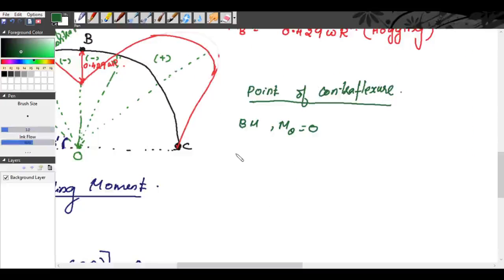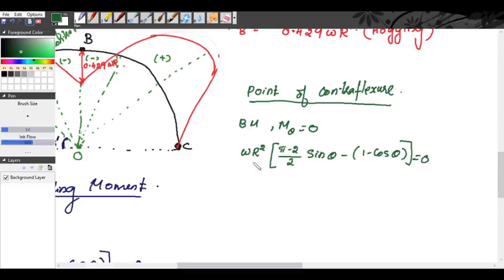So we get W r square into (pi minus 2)/2 sin theta minus (1 minus cos theta) is equal to 0.